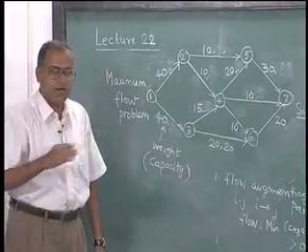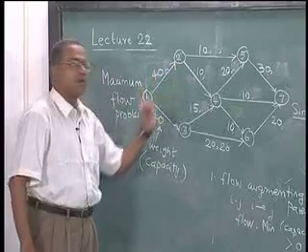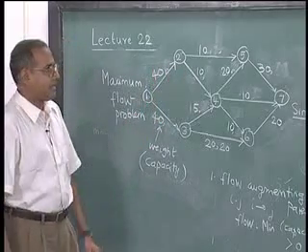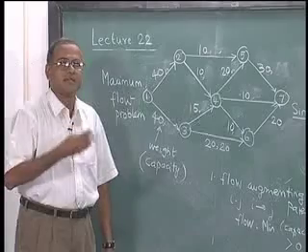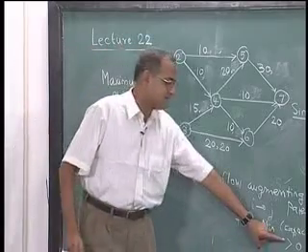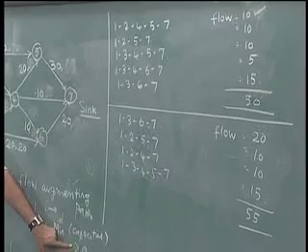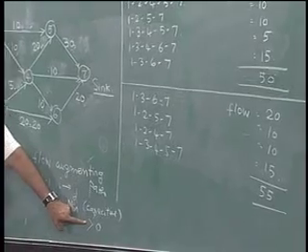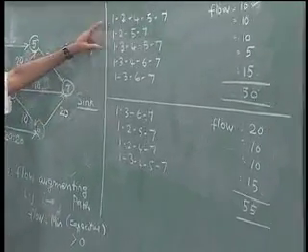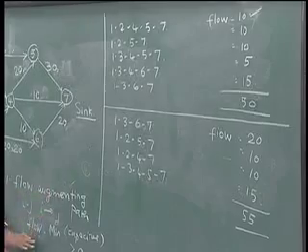Now if this path is made up of completely forward arcs and each forward arc has a residual capacity which is strictly positive, then the minimum of those capacities will now become the flow. Such a path is a flow augmenting path.